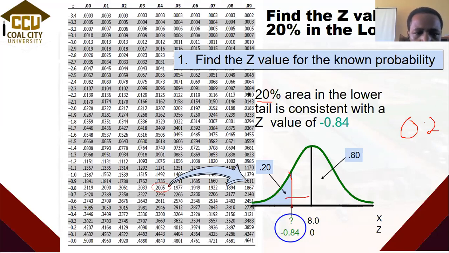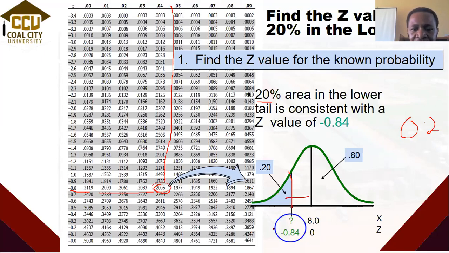0.2005. You can't pick this because this is 0.203. It's a bit further. You simply pick 0.2005. This is the value closest. And where does this value fall? It falls under minus 0.8, and then you trace it up to 0.04. So minus 0.84 is your value.